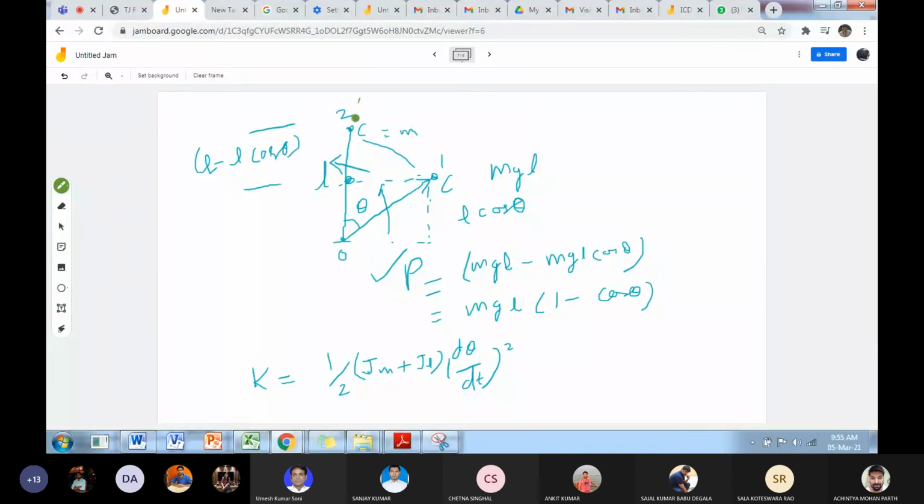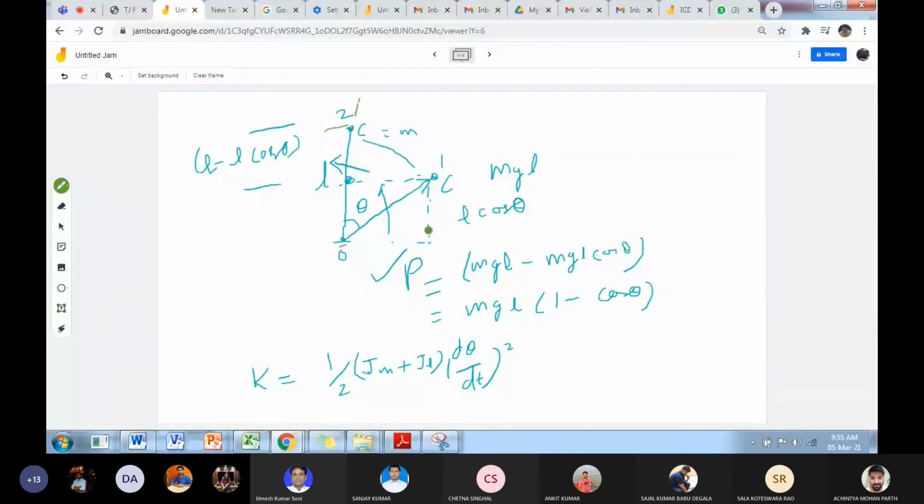Link length is something different, and center C is the middle point of the link, and the midpoint of the link is at L with respect to the previous joint or the reference joint. Okay, so here this is L. When you move theta degree, you can get L cos theta. So what is the difference in the positions? L minus L cos theta.